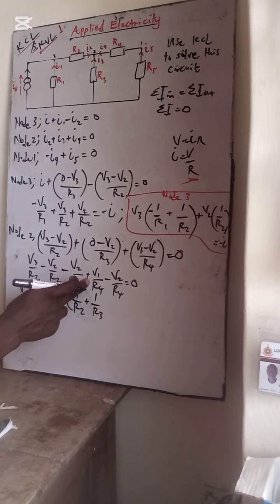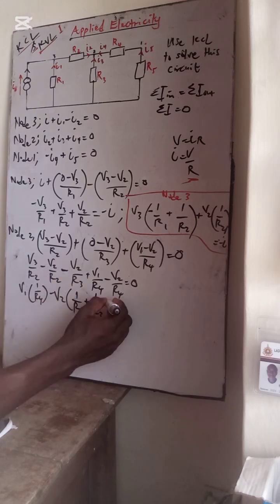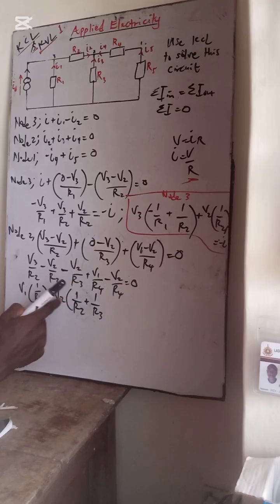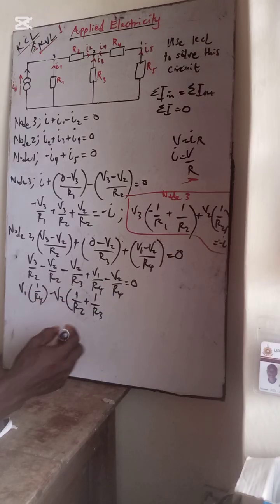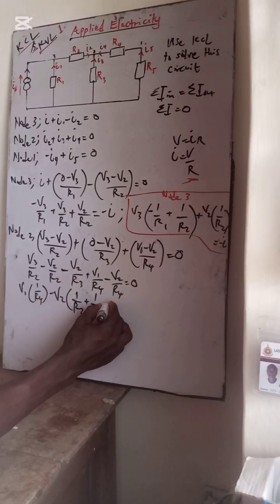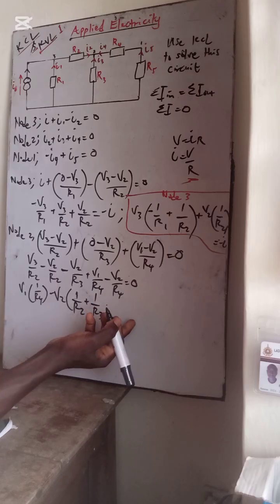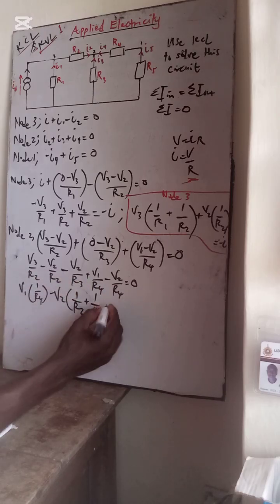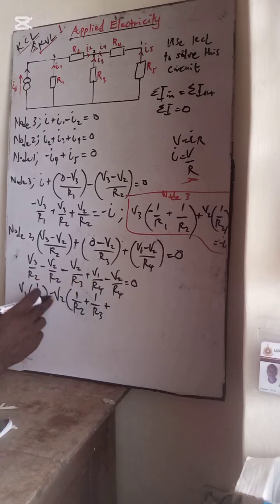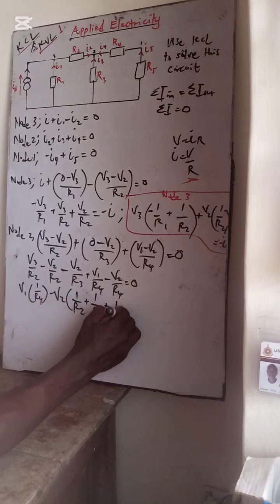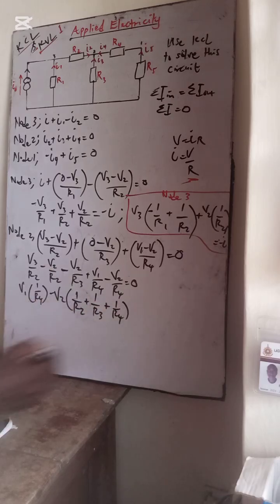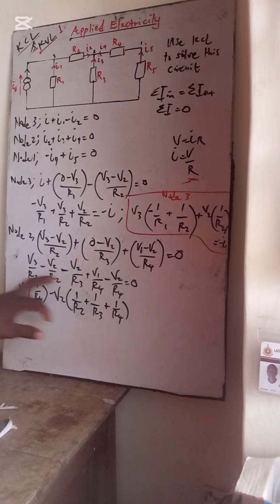This one is having plus before, so you have to multiply it minus. All the V2 we have are minus, so we just use plus for everything, because when you times it out back, it should give you minus. So 1 over R4. Then our V3, do we have V3?